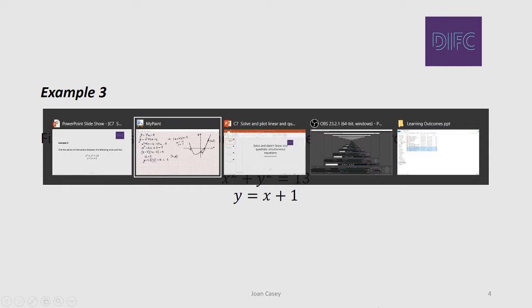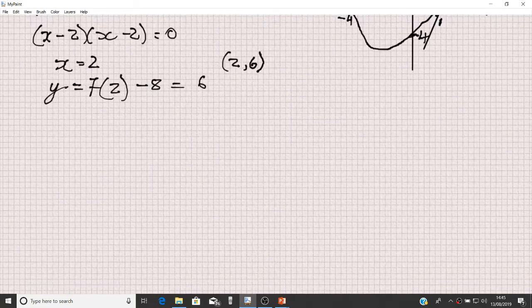Okay, so we'll take a look at this example. Example 3, we've got a circle given by x squared plus y squared equals 13, and we have a line y equals x plus 1.